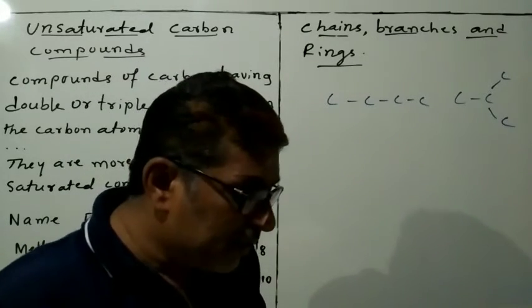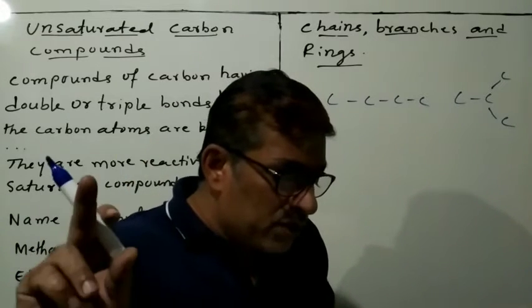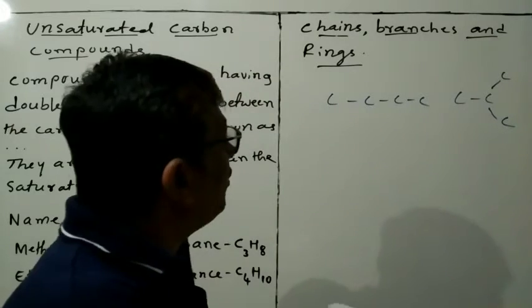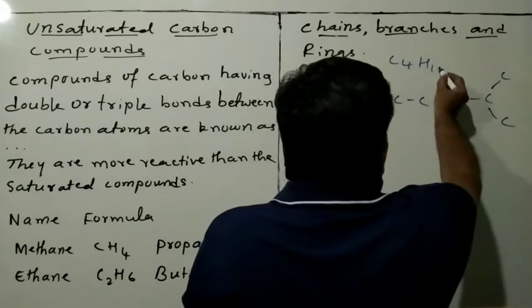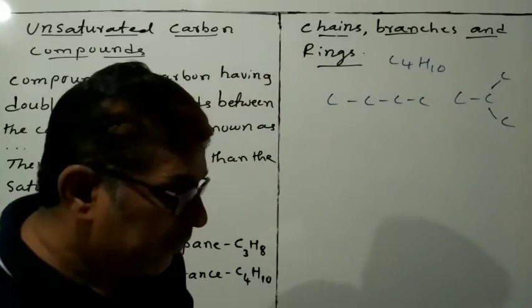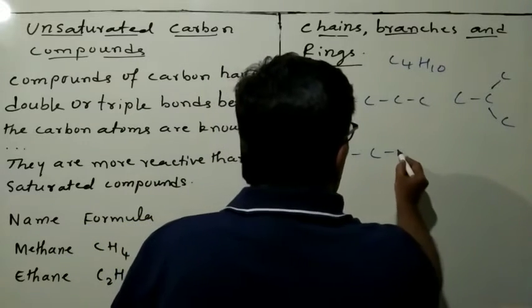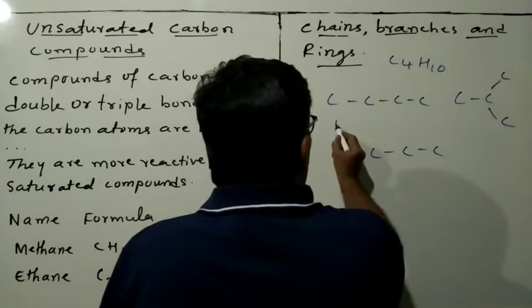Okay, so here one statement is that, see, look here now. For example, I will show you here, C4H10 is the molecular formula of this. Well, this C, okay, like this, and place it here H1.